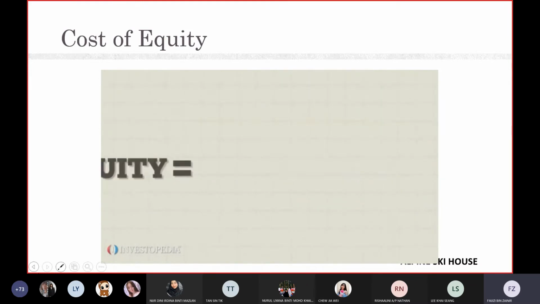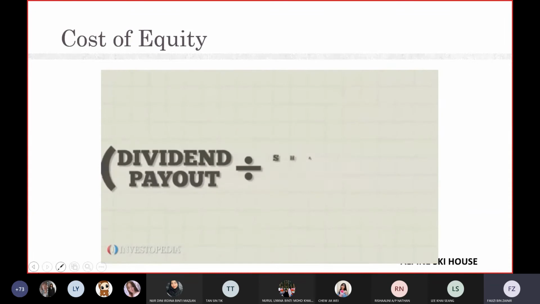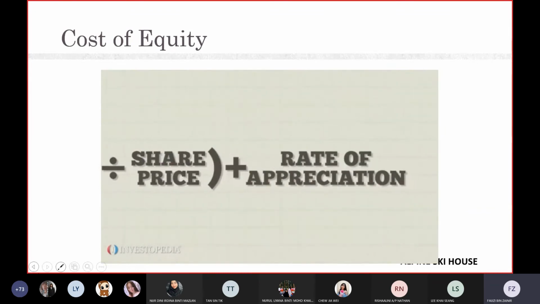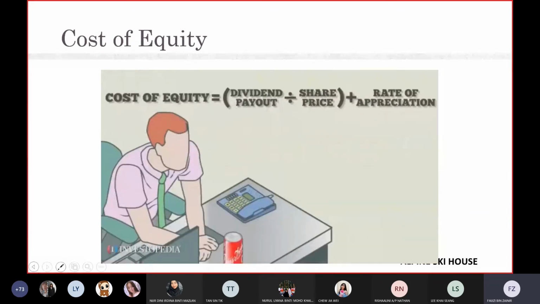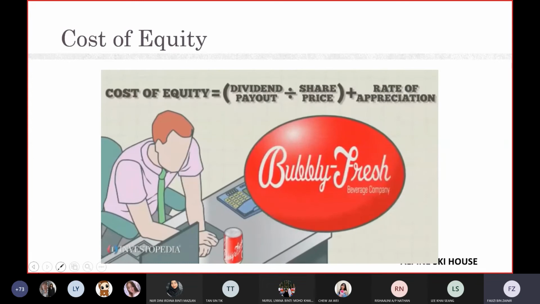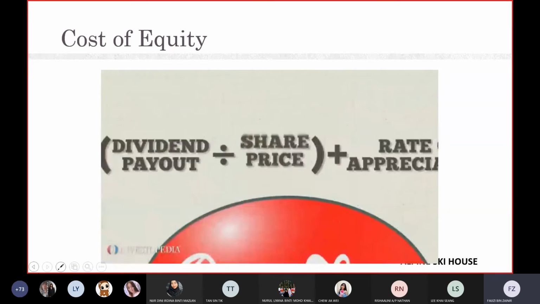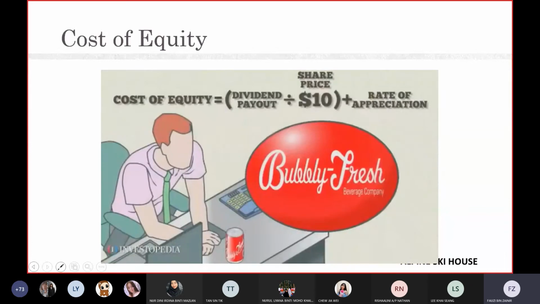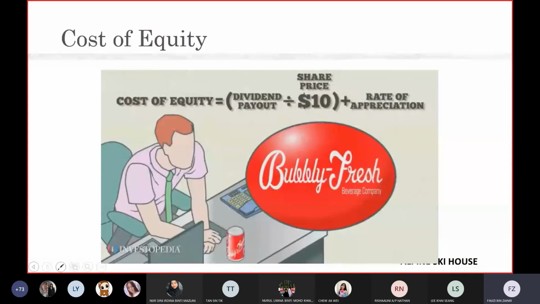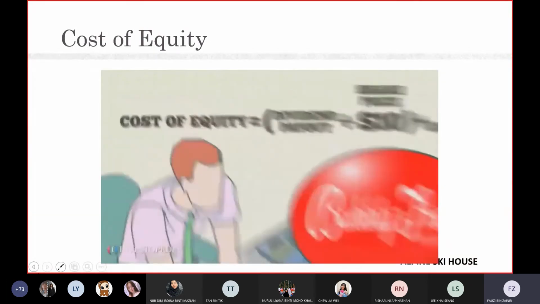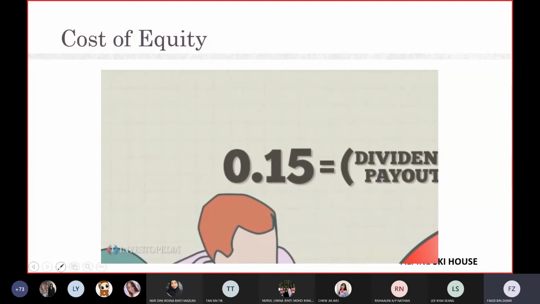Cost of equity equals dividend payout divided by share price plus rate of appreciation. Andy is considering an investment in Bubbly Fresh Beverage Company, a financially stable business whose stock is trading at $10 per share. Due to a robust economy, Andy is looking for relatively low-risk stocks that provide a return of at least 15%.